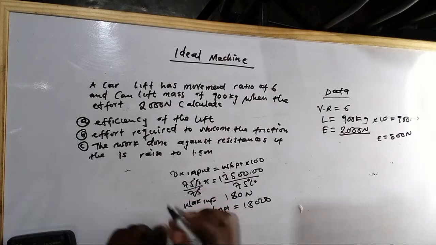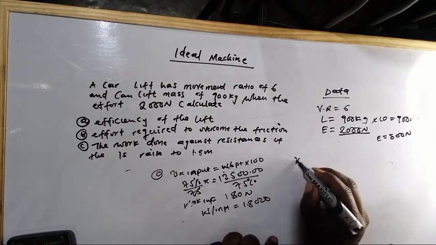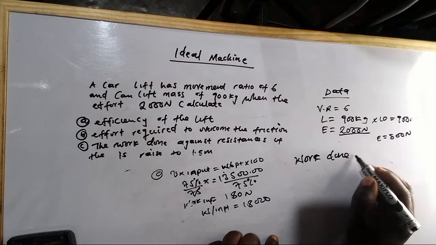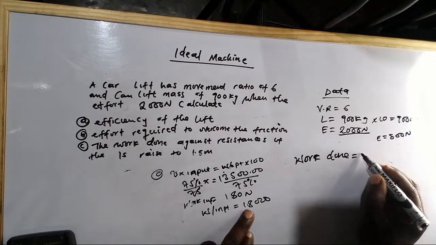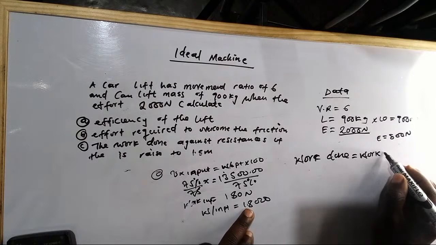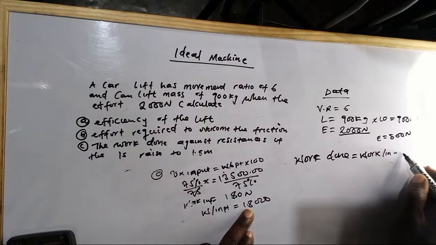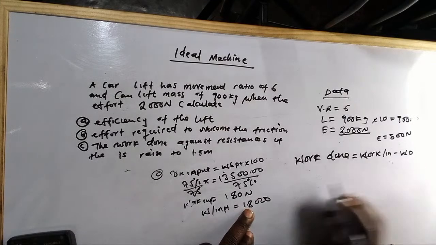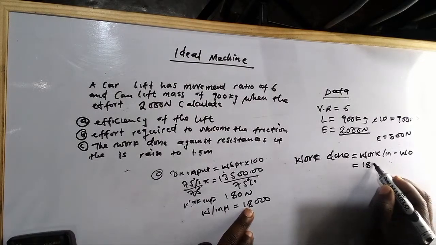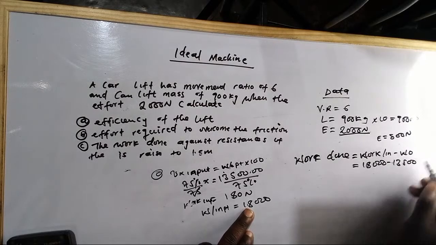For this one, we are finding C. So now work done will be equal to work input minus work output, in which we're going to say 18,000 minus 13,500 Newton.